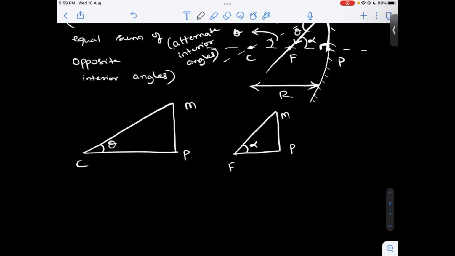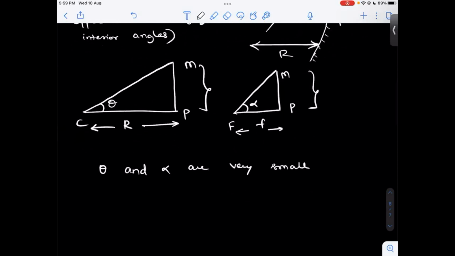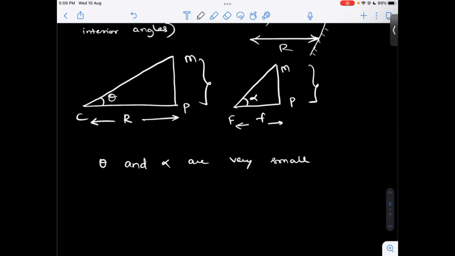So how much is PC? R, and PF is f. PM is common in both the triangles. So from both the triangles, the point that we can conclude is theta and alpha are very small.